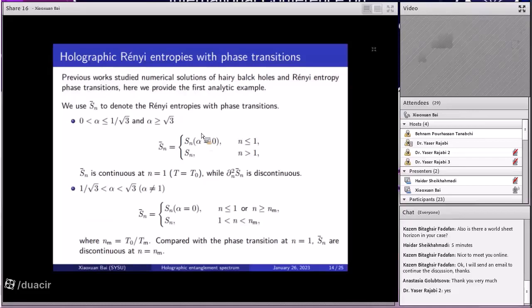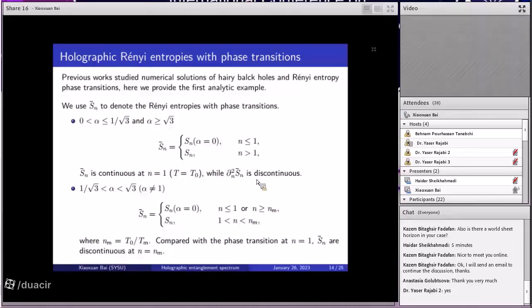Corresponding to the black hole thermodynamics, there will be two kinds of phase transition here. For the third order phase transition of black holes, the Rényi entropy is continuous at the transition point, but its second derivative shows discontinuity. Compared with the third order phase transition, the zeroth order phase transition will lead the Rényi entropy to be discontinuous at special values of n.